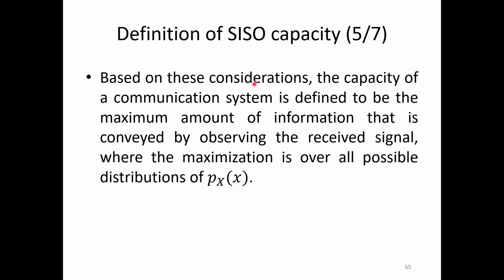Based on these considerations, the capacity of a communication system is defined to be the maximum amount of information that is conveyed by observing the received signal Y, where the maximization is over all possible distributions of P capital X of small x.